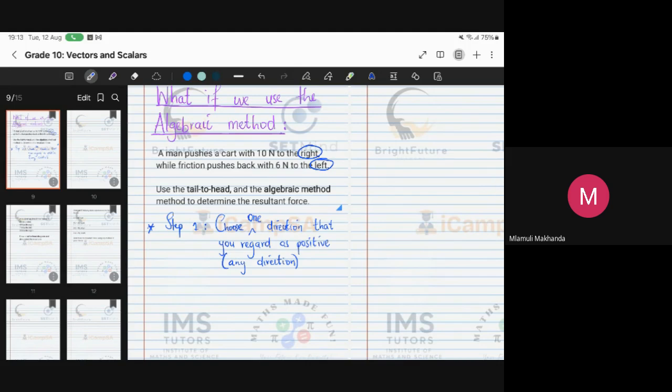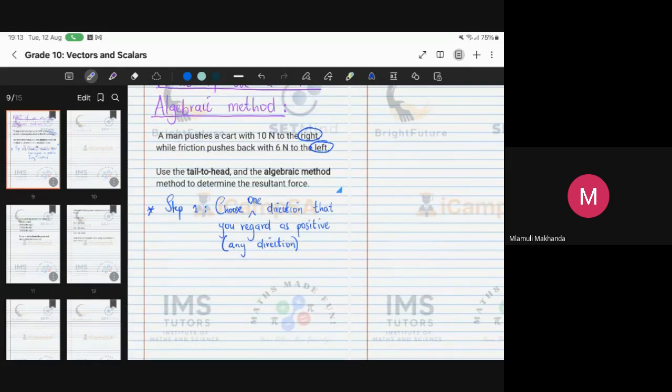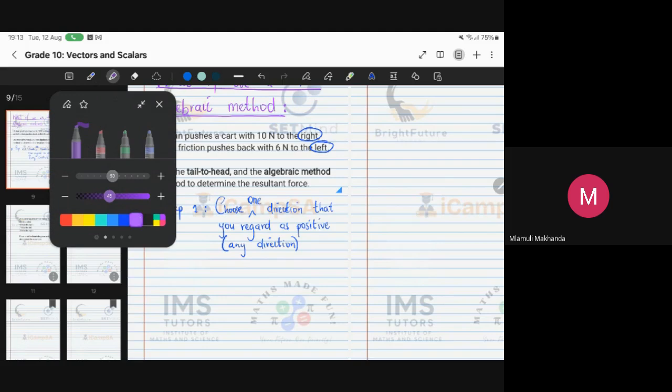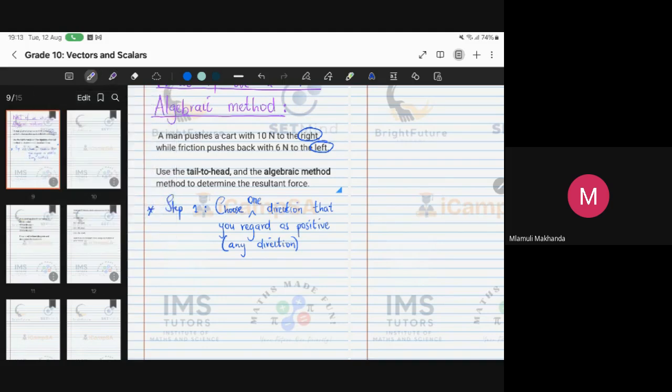So we have two directions here. We have right, left, right? So let's say we choose right as positive.